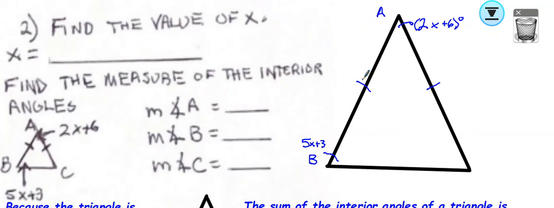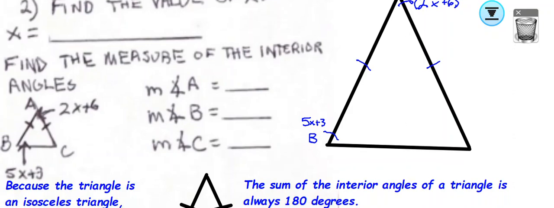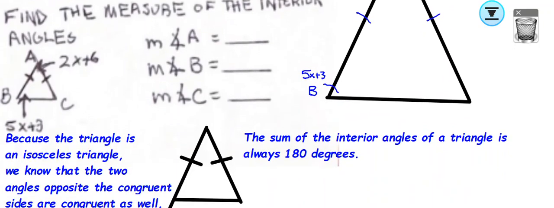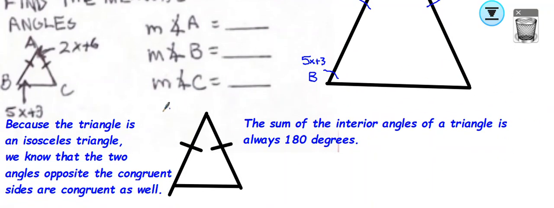Well, if we refer back to earlier in our notes, and if we look over here, we can see because the triangle is an isosceles triangle, which is what these two tick marks indicate, we know that the two angles opposite the congruent sides are congruent as well.